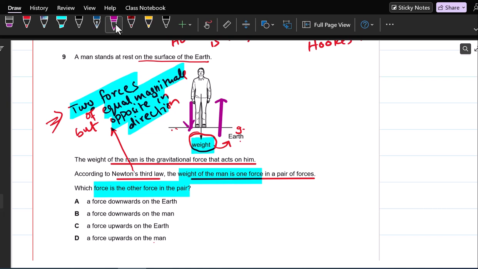The force downwards is weight, so A and B are wrong. So C is a force upwards on the earth.